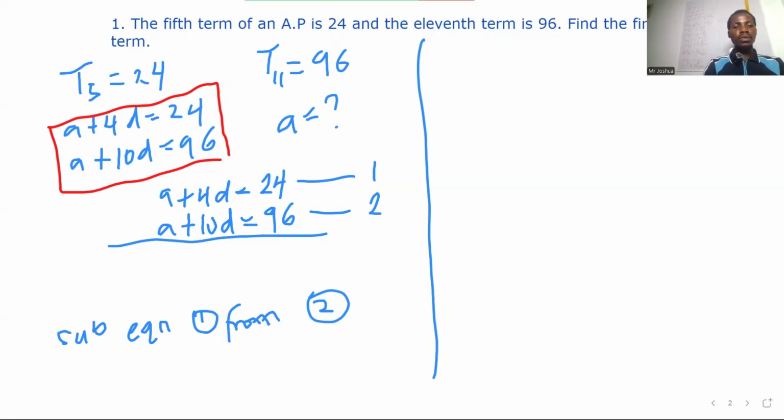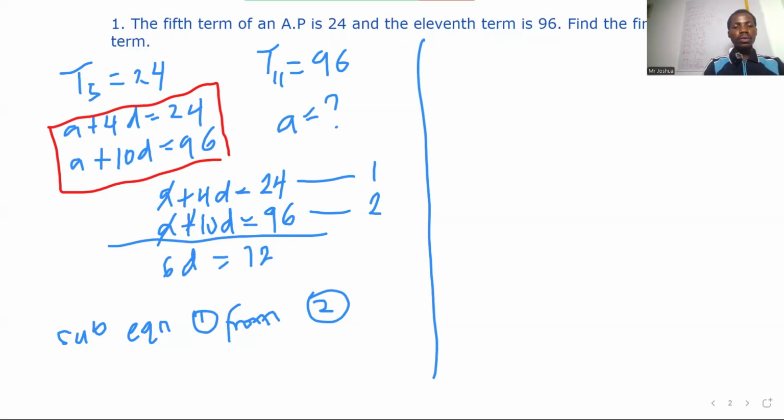That means we are going to do A minus A, of which we are going to have 0. So this is cancelling out. Then we're going to have 10d minus 4d, which is going to be 6d. And then we're going to have 96 minus 24, of which we're going to have 72.